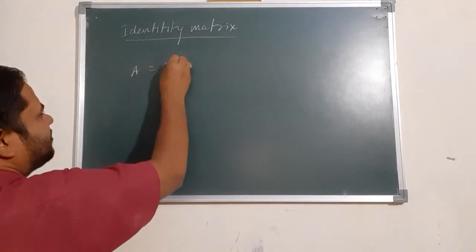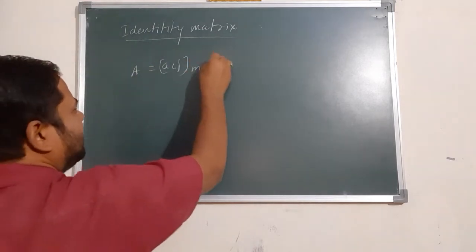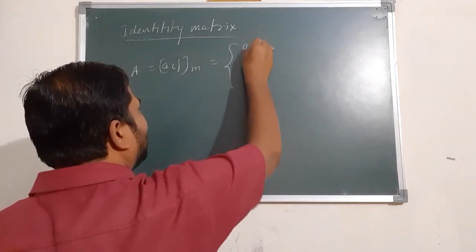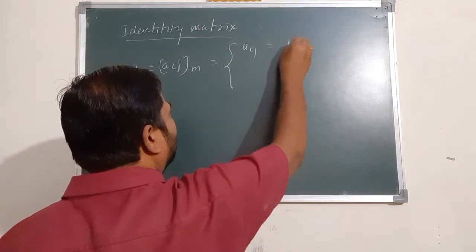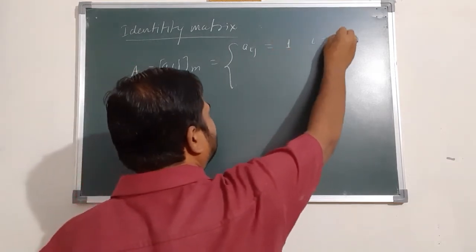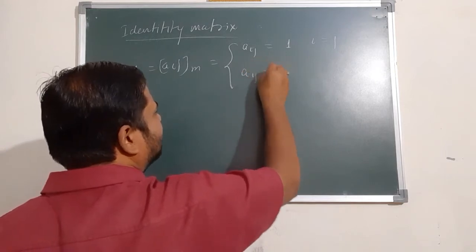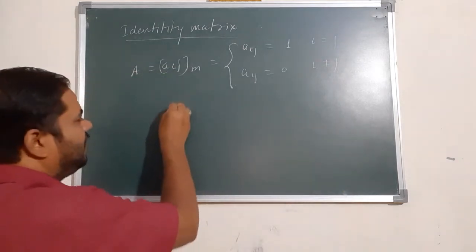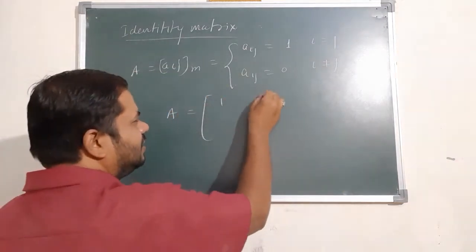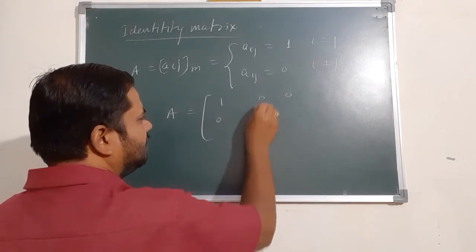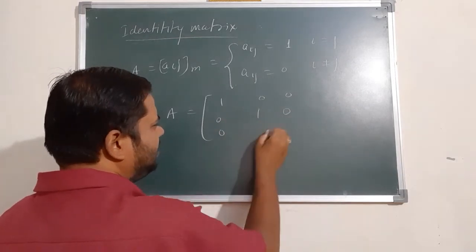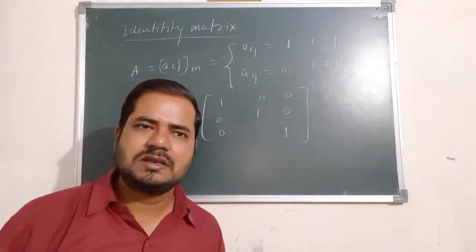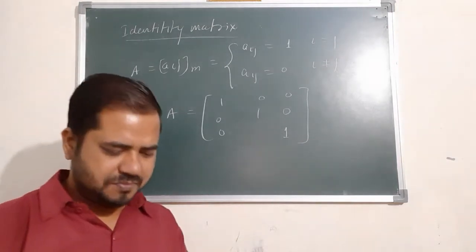A matrix A equal to Aij of order M is said to be an identity matrix if Aij is equal to 1 for each i equal to j and Aij is equal to 0 for each i not equal to j. That means except the diagonal elements, all elements are 0 and the diagonal is 1. This is known as an identity matrix.